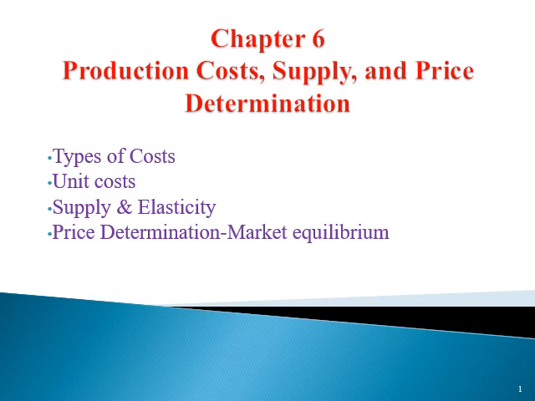Today I'm going to give you a quick definition of, first of all, why I want you to go through all that. Remember, in production theory we assume that the individual producer wants to maximize profit.